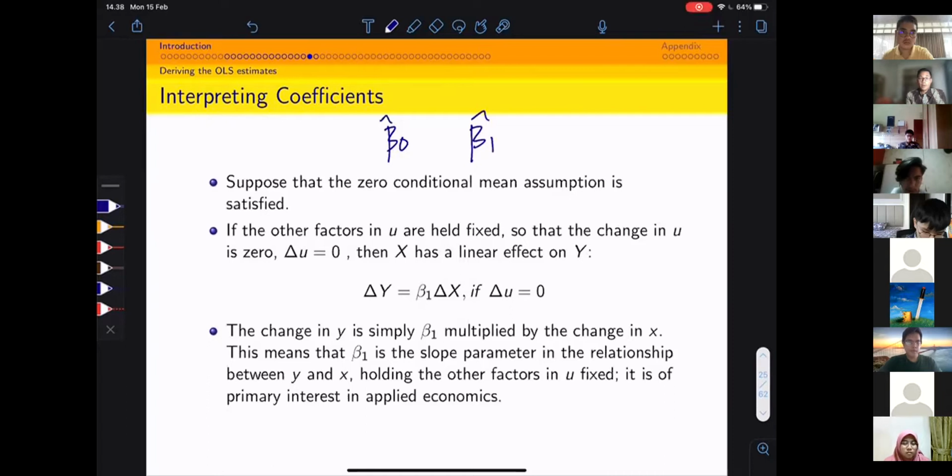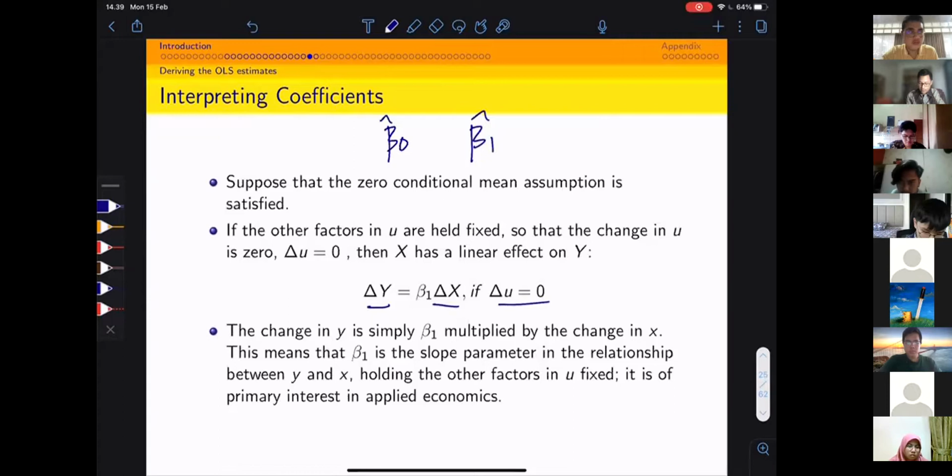If the other factors in U are held fixed, so that the change in U, delta U, is equal to 0, then X has a linear effect on Y, and the change in Y is just beta 1 times the change in X.